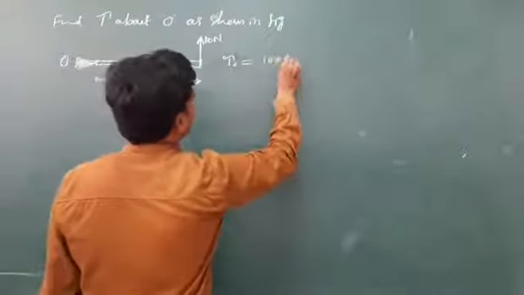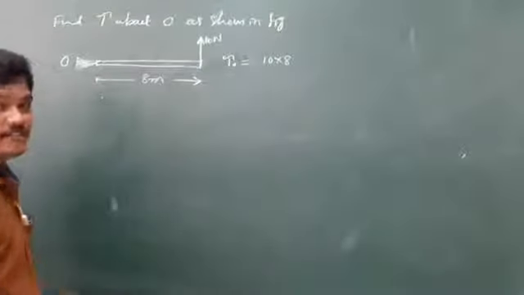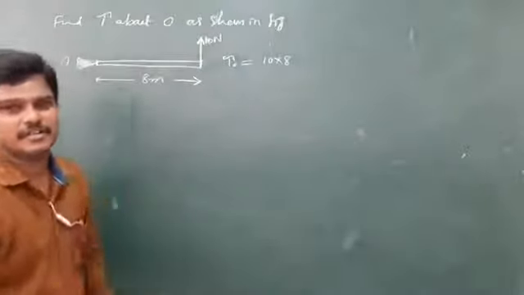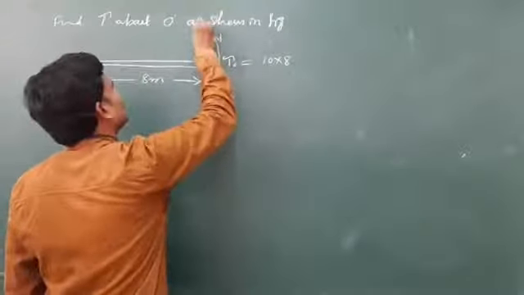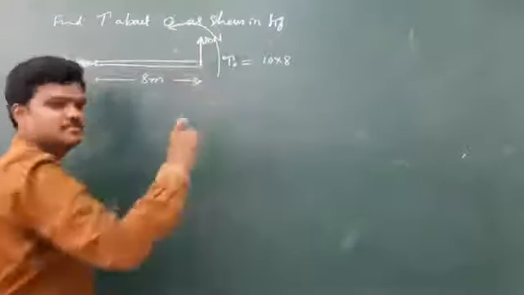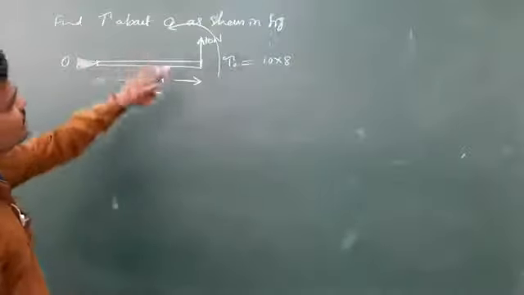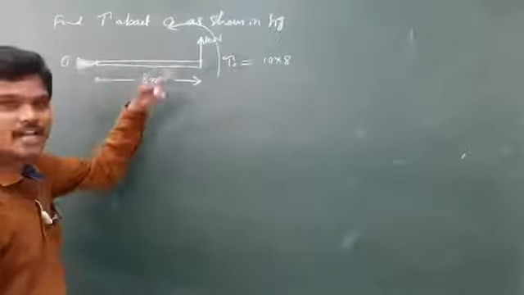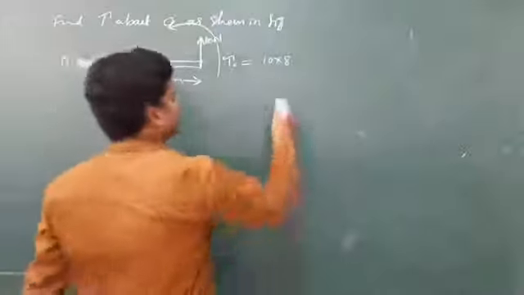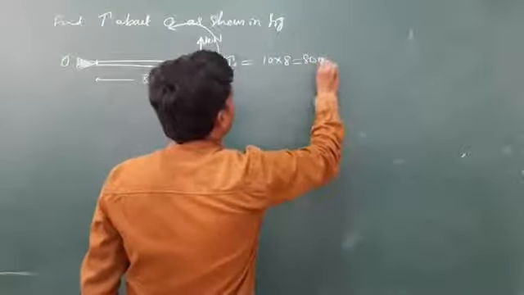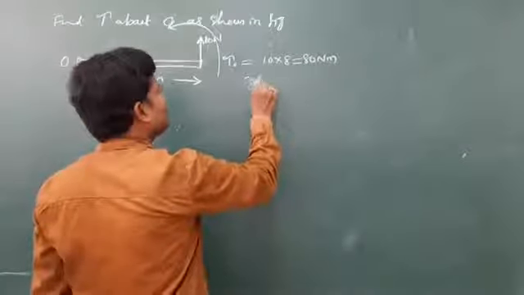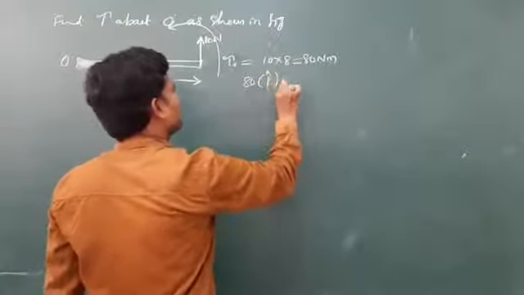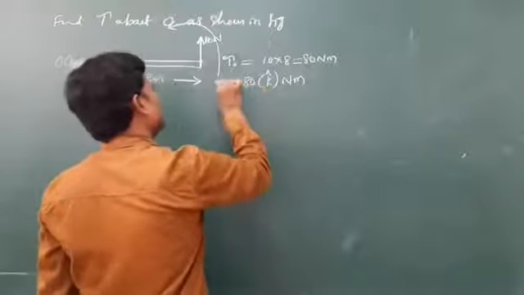So 10 into 8. But identifying the sign convention is important. In normal expectation, we can expect that this will create a torque in this direction. What is this? Anti-clockwise torque. Anti-clockwise torque means positive, so 80 Newton meter. If they ask the answer in vector form, it is 80 plus k cap Newton meter.